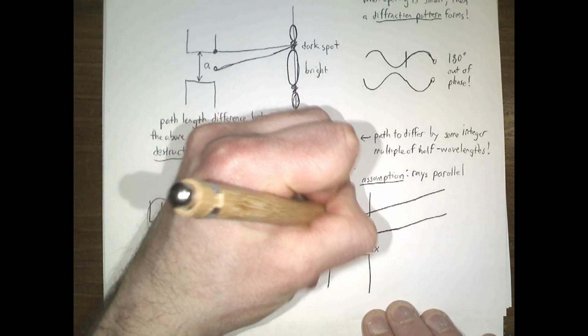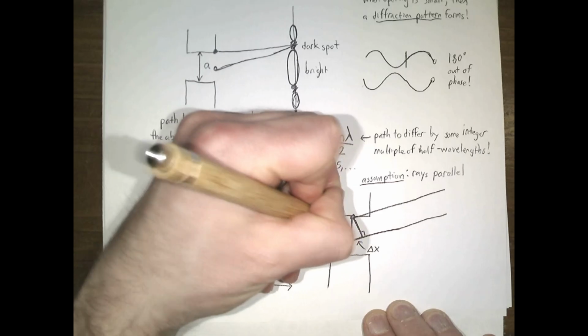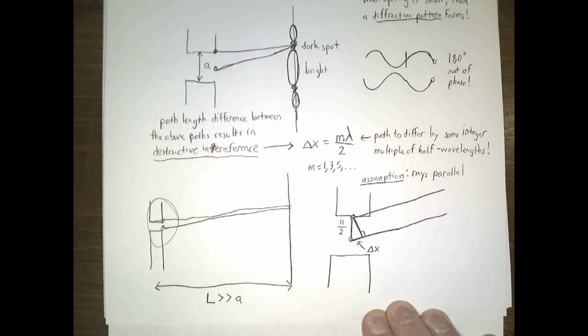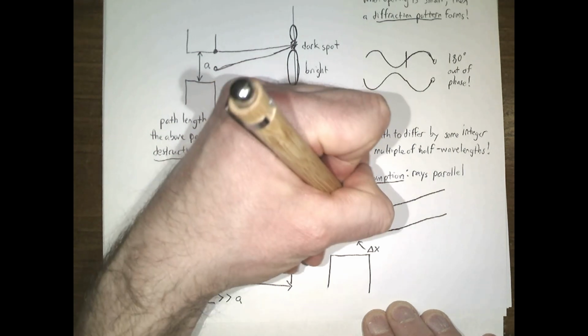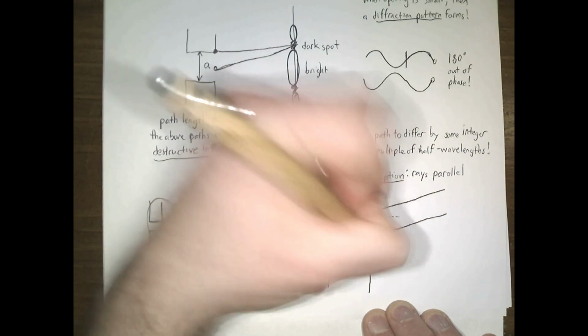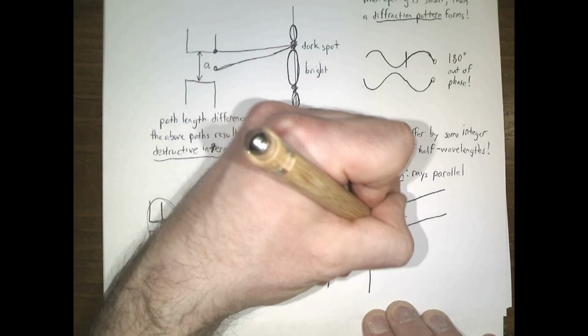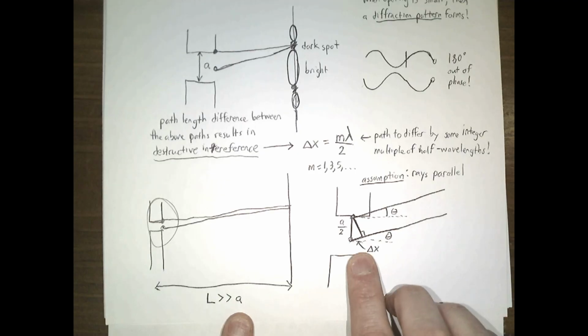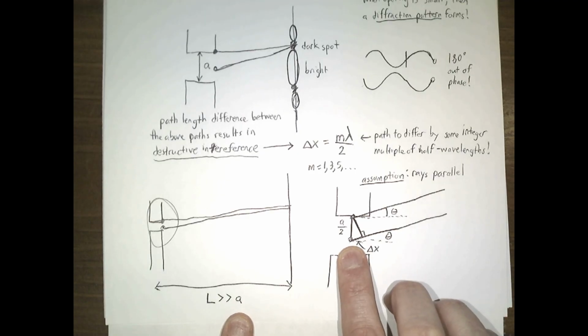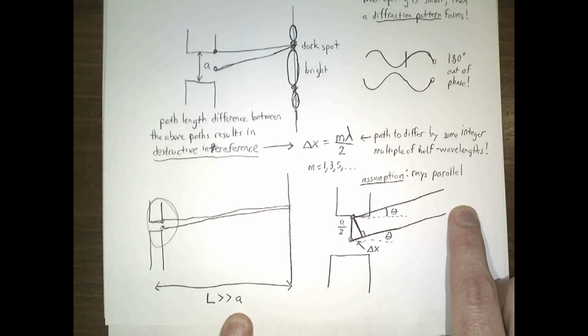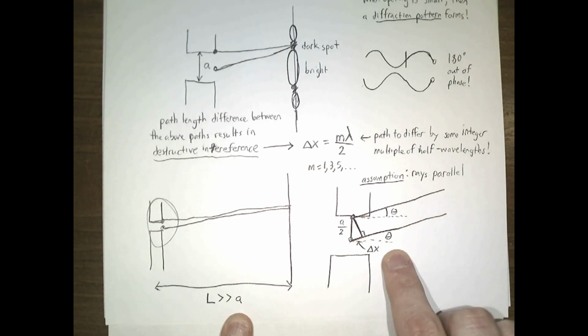We're going to call this length here half the slit width, a over 2. And then if we do a little bit of geometry here, we can imagine a horizontal line coming from either of these points so that this angle we're going to call theta. And again, this would be if we go from the center of the slit until we hit that first dark spot we're looking for, this angle would be the angle from the center of the system to where that dark spot exists.